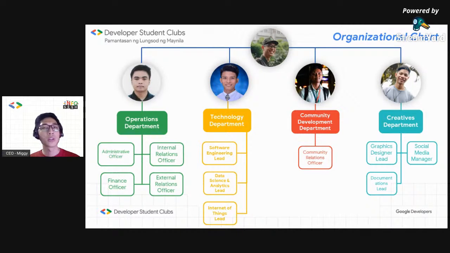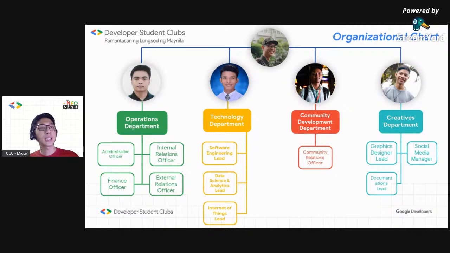So overall, as you could see me over the top, I would be the Chief Executive Officer, and the five of us are called the executive branch, wherein we decide on the directions and the inner workings of our organization. We always try to come up with something that really benefits all the members that we have.